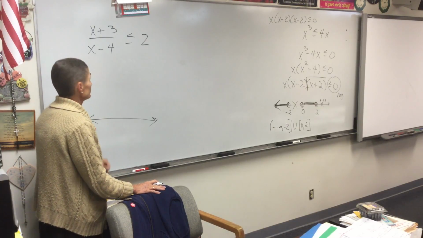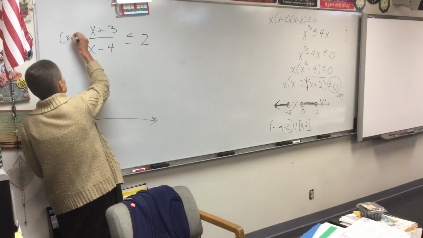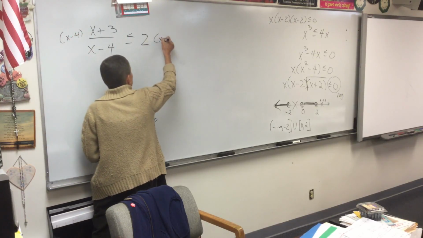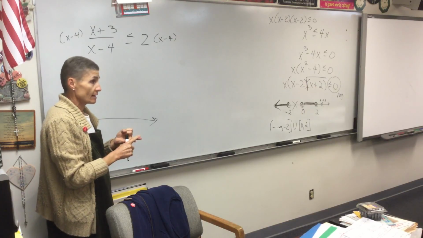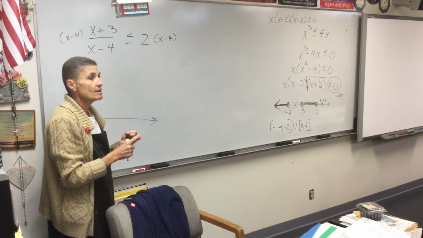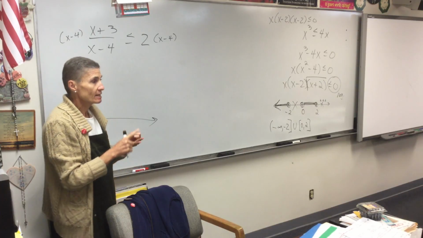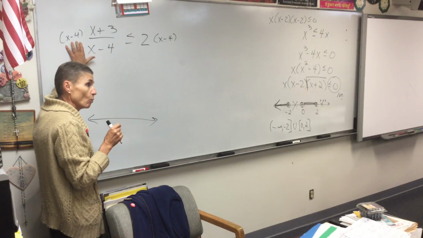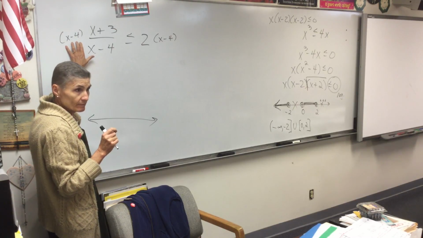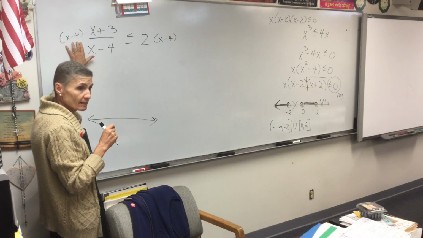First thing we do not do is multiply both sides by x minus 4. I understand why you would do that, and I understand how come you want to do that, but you need to understand that you can't. Because I don't know whether x minus 4 is positive or negative. Could it be positive? Yeah. Could it be negative?